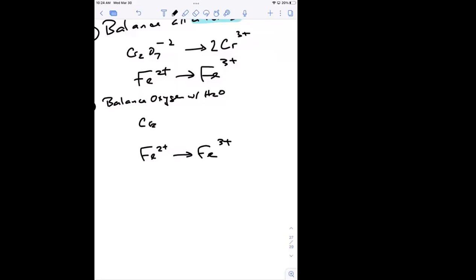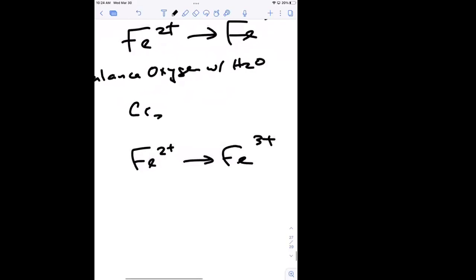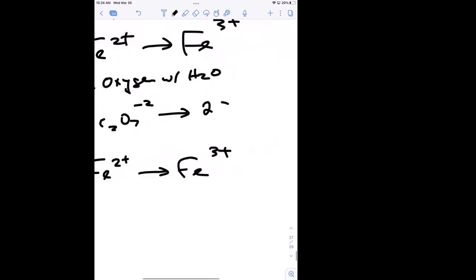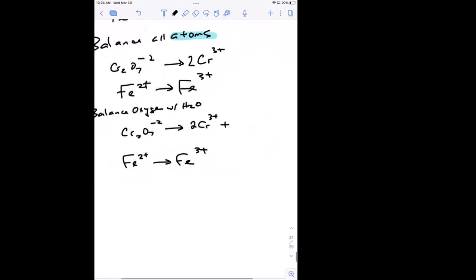So this is Cr2O7 2- going to 2 Cr3+. How many waters? I need 7 oxygens over there. 7 waters. I need 7 oxygens to balance the 7 on the other side. So I'm gonna add in 7 waters to make that happen.